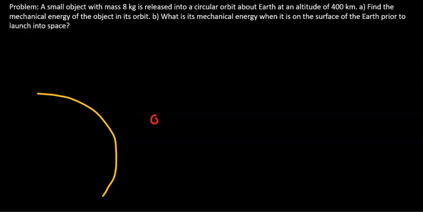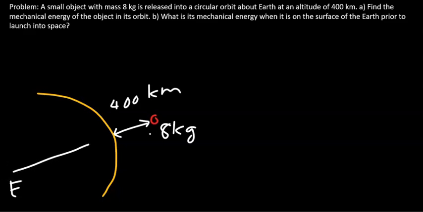Problem 1. A small object with mass 8 kg is released into a circular orbit about Earth at an altitude of 400 kilometers. You can take the radius of the Earth to be capital R. Of course, I'm exaggerating the scale a little.